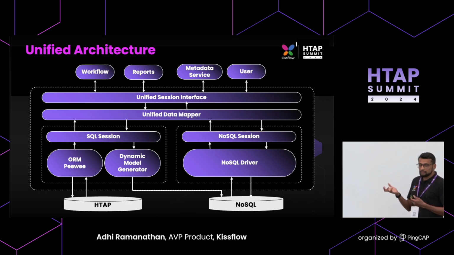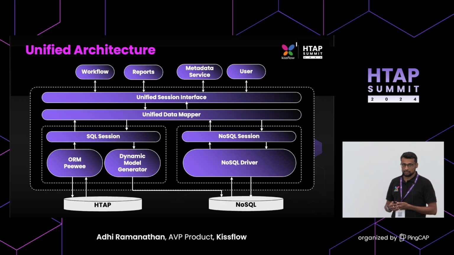And to generate the model, we retrieve the definition from the NoSQL system, because the application definition is stored in the NoSQL. So we retrieve the definition and we generate the model, and through that we operate in the HTAP systems. So this is the high level overview of our new system.